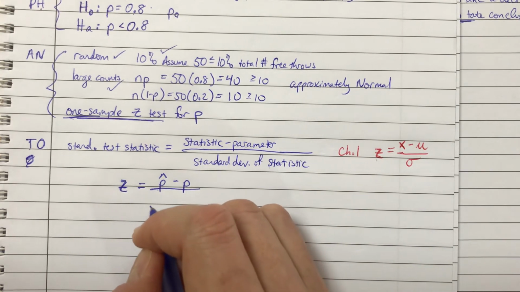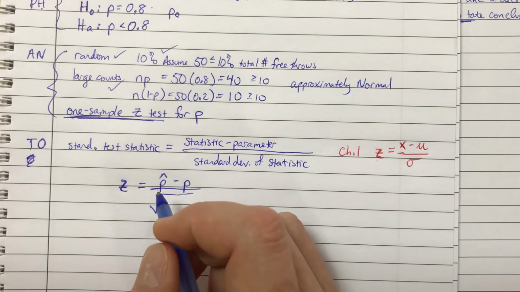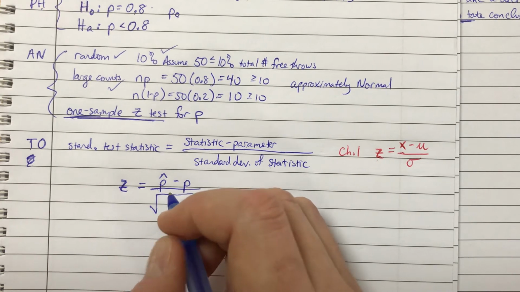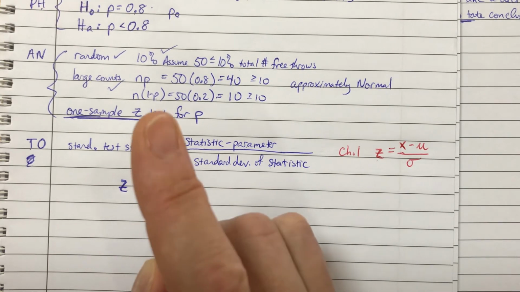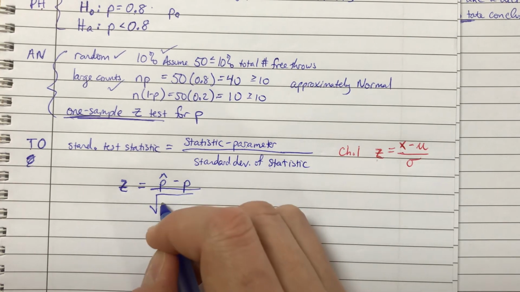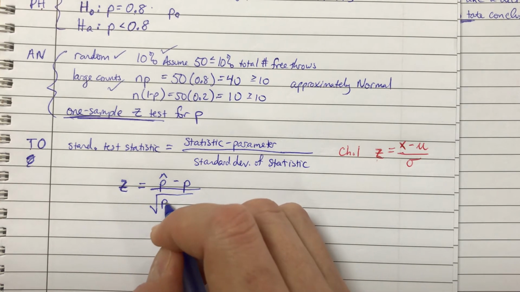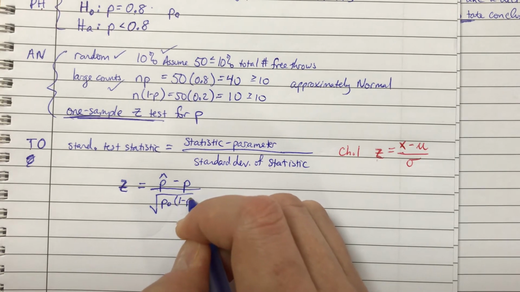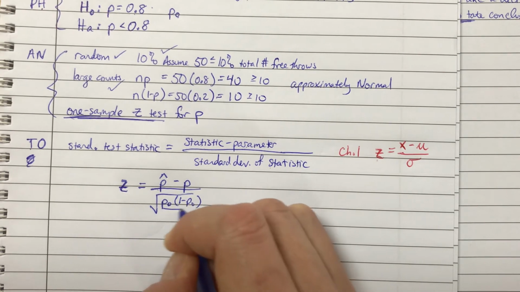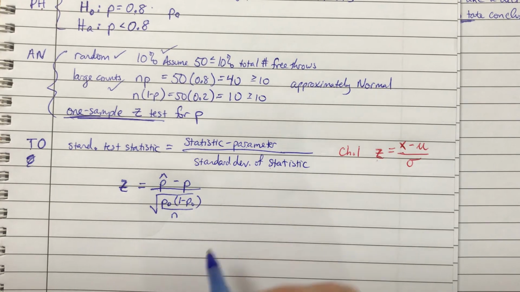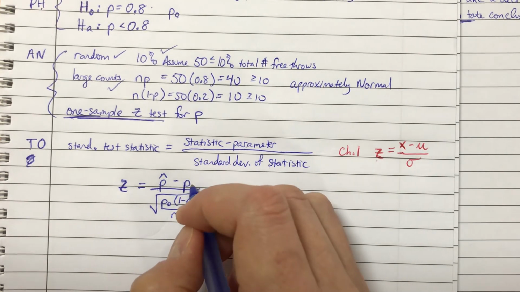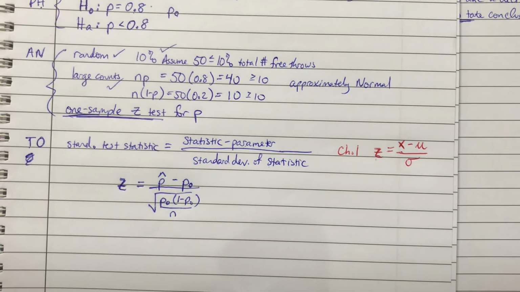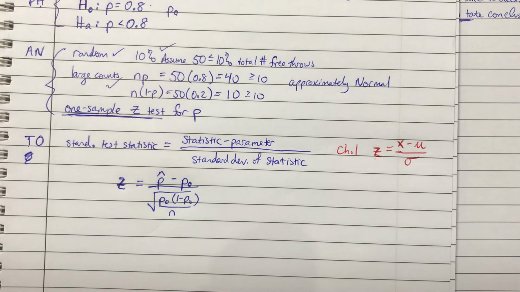It is the square root of p naught times 1 minus p naught divided by n. Okay, now where is p naught coming from? That is the true proportion, because again, we are measuring this based on the true proportion.